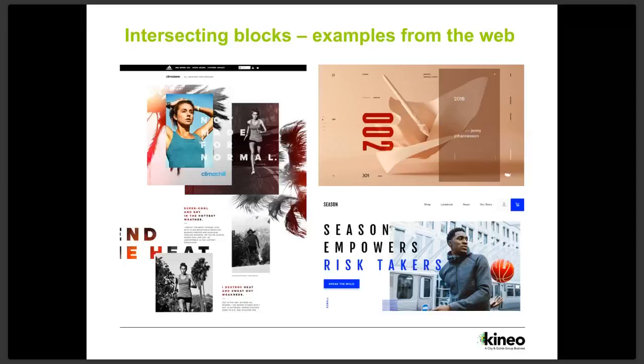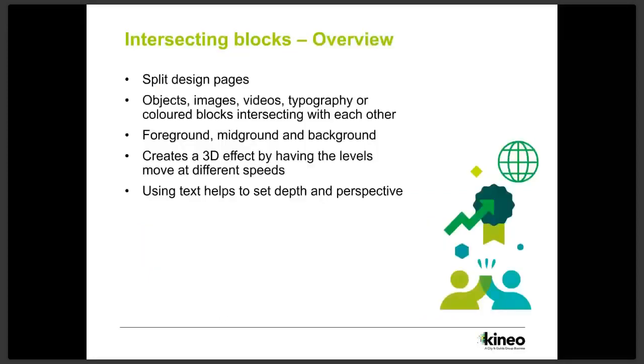Definitely. So I think it can be all sorts of things that are interlaid. Mostly they're key image blocks, but it can also be text, videos, all sorts of different things. The Weller example that we looked at had that effect of going through different blocks. So you've got coloured blocks going over imagery, text going over both, things going over video.